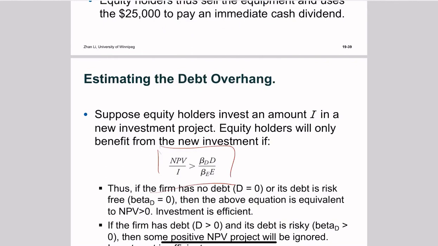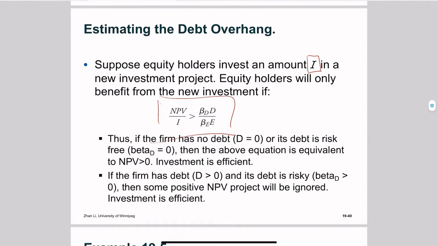Suppose the required investment for a project is I. Then equity holders will only finance this project if the following formula holds. So you can see that the formula tells you how severe the debt overhang problem is.